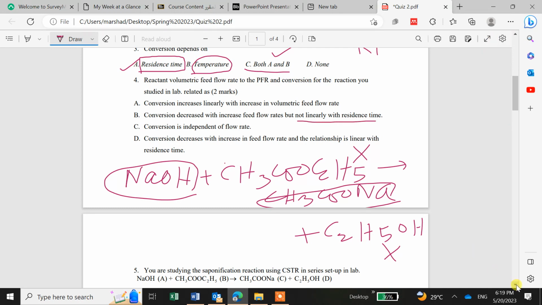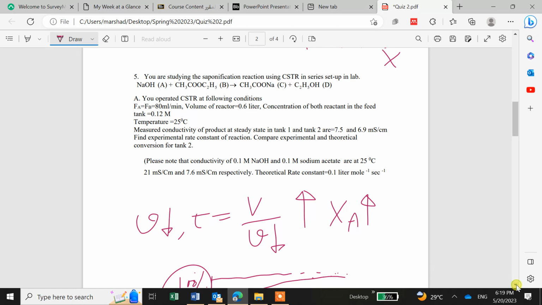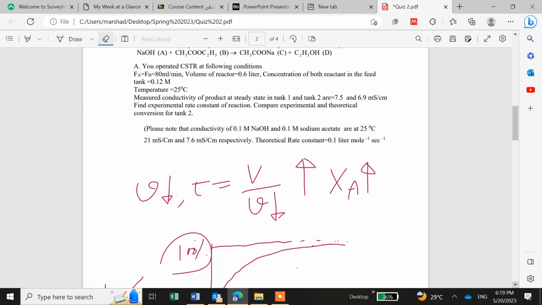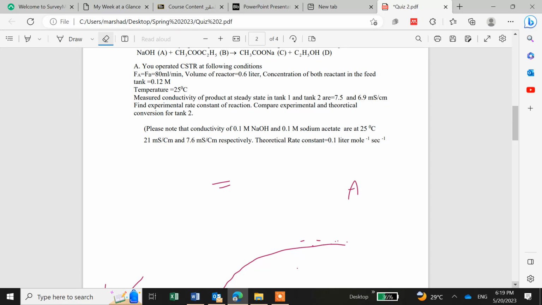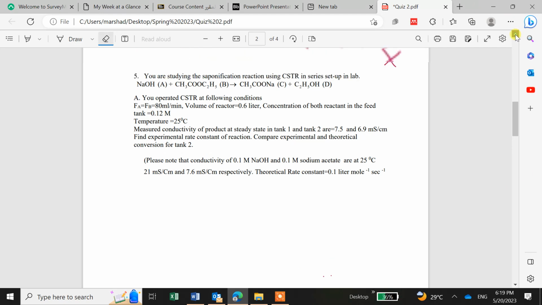Now we come to this question. As I told you, we gave you the data as we did in the lab. We start here: the concentration in the feed tank is 0.12.